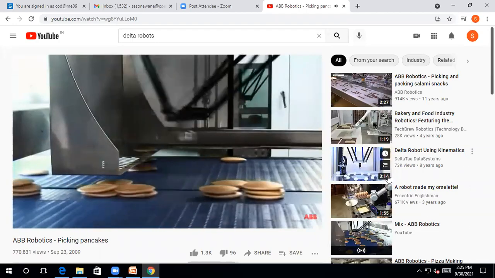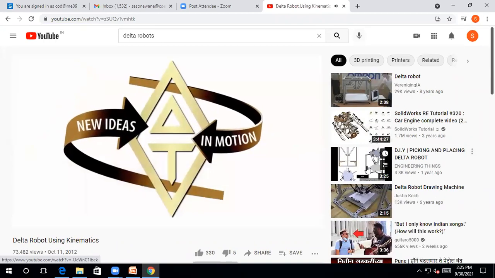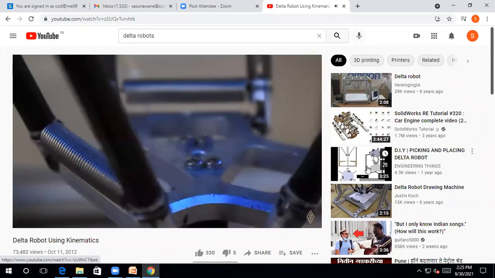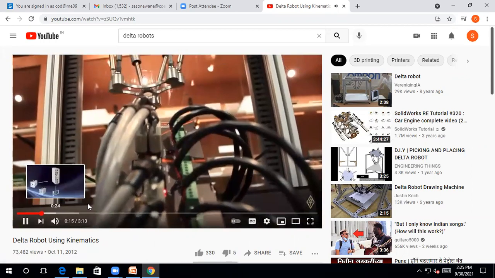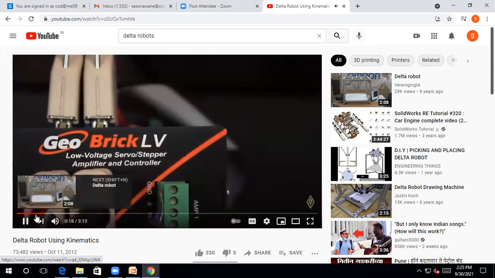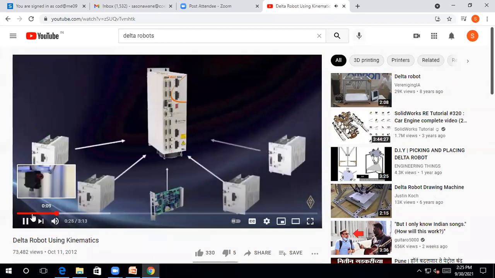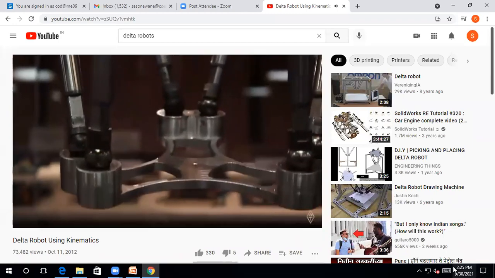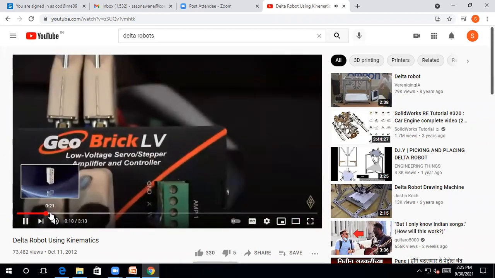Okay, we'll see another robot. Delta robot kinematics. See that this. See that this Delta robot is there.